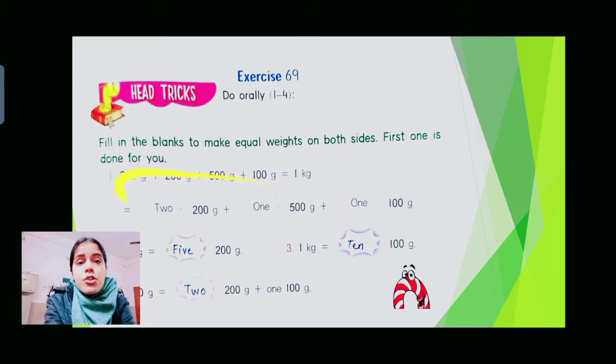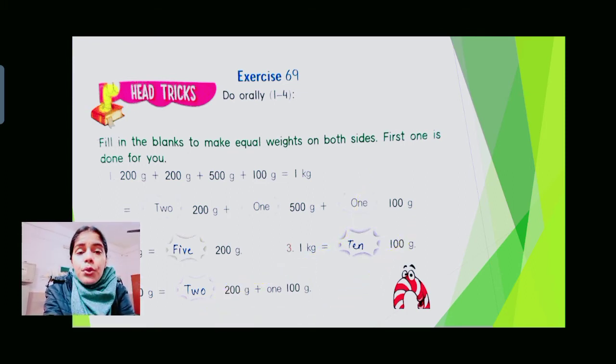Now see how the solution has been worked. 200 gram is written 2 times, so we have written 2 for 200 gram. 500 gram is used only one time, so 1, and 100 gram is also used one time, so 1. Similarly, now you have to do the remaining questions.